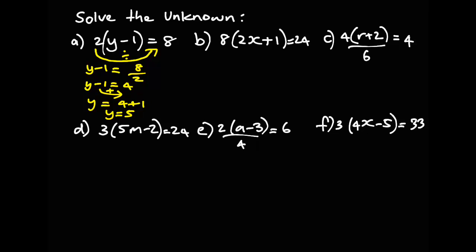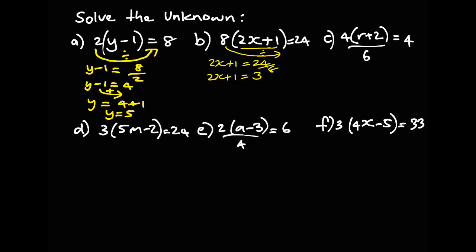Now looking at part B, again we can't work with what's inside the brackets until we get rid of this 8 at the front, so it's got to come over as a divide. So we're left with 2x plus 1 equals 24 divided by 8. 2x plus 1 equals 3.